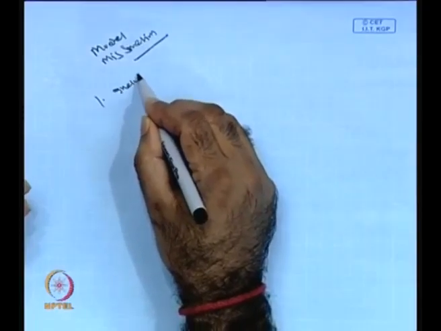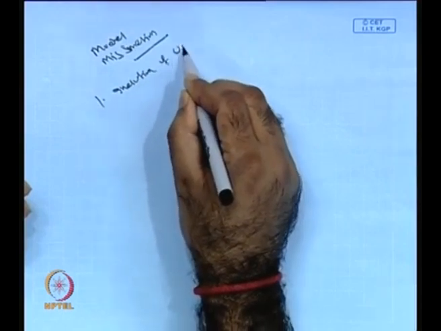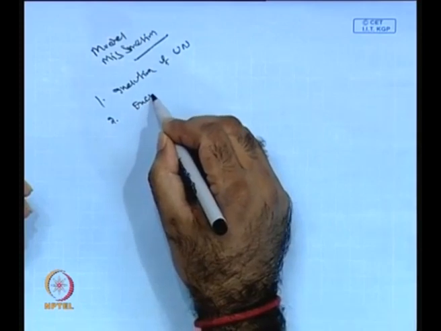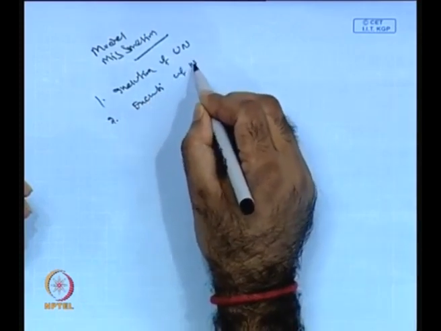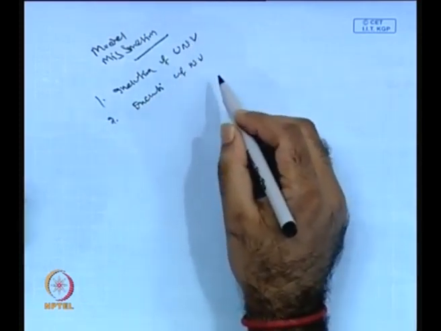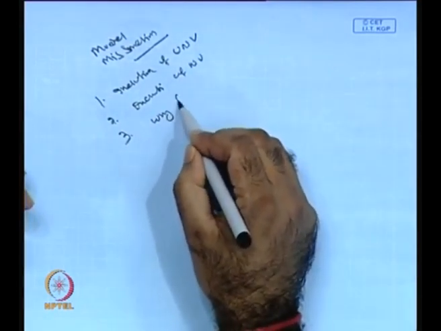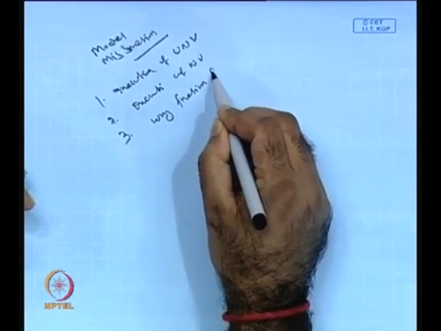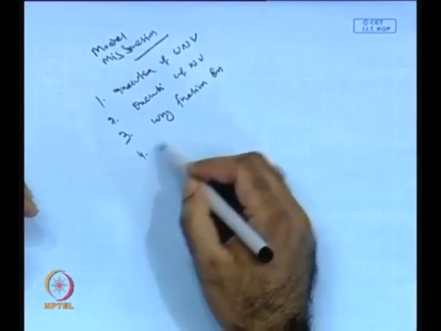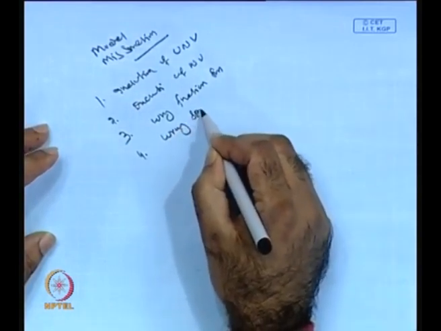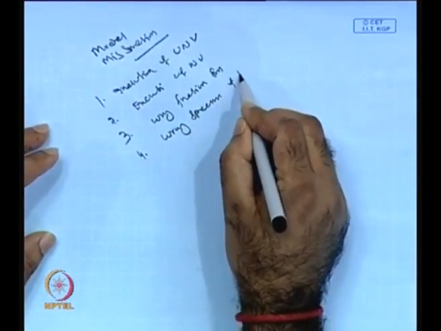So, inclusion of unnecessary variables, and second, exclusion of necessary variables. Then wrong functional form. Then last but not least, wrong specification of the random term.